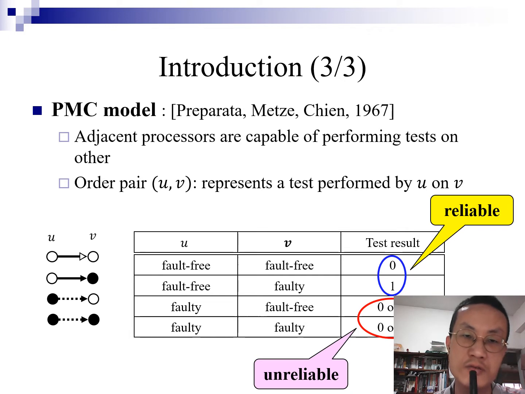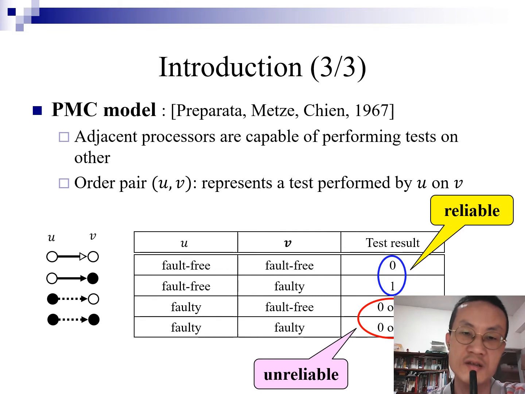In our work, we use the PMC model as our diagnosis model. Now we introduce the PMC model, which was developed by three scholars in 1967. In the PMC model, adjacent processors are capable of performing tests on each other.